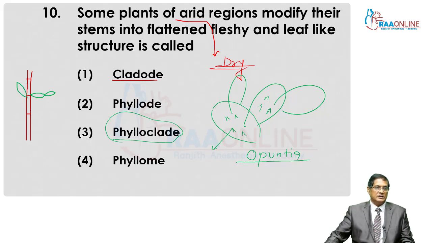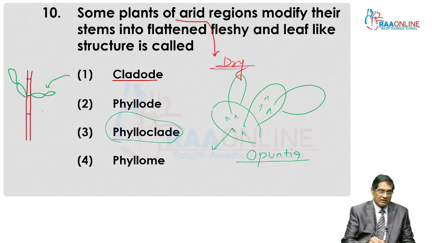They look like leaves. This is cladode actually. And cladode is seen in ruscus and asparagus.